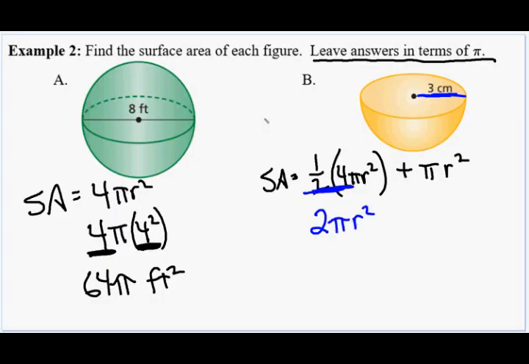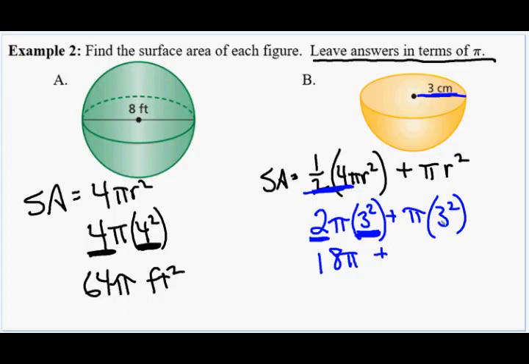And then we'll have our pi r squared. And I guess we can replace that r with a 3: 2 pi 3 squared, plus pi 3 squared. 3 squared is 9. 9 times 2 is 18. So this is 18 pi, plus 3 squared is 9, times pi is 9 pi. And that's going to add up to a total of 27 pi. And our units would be centimeters squared.